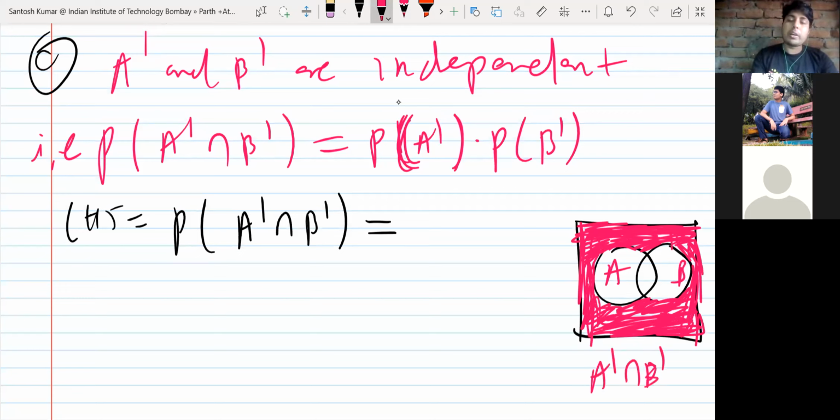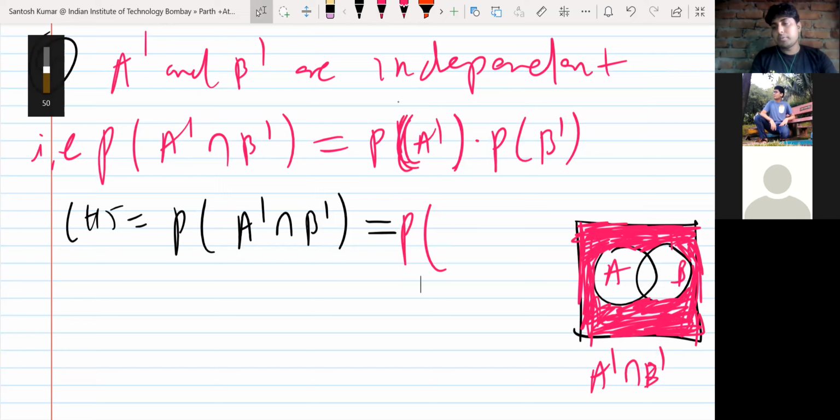Or equivalently, what can you write for this? Can anyone tell me? That is De Morgan's formula. Anyone remember De Morgan's law?